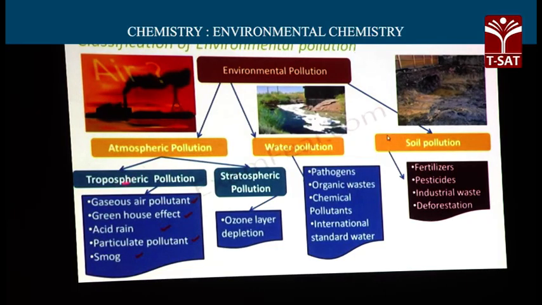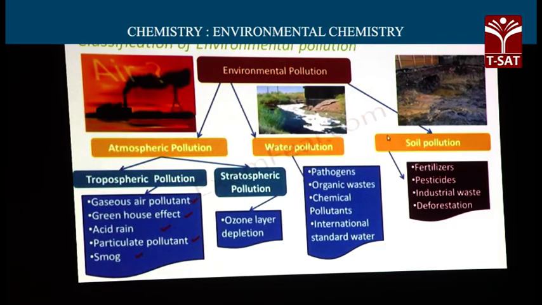We know that in the troposphere, when pollutant gases like carbon dioxide, sulfur dioxide and nitric oxide are present, they create bad effects on the air and our environment. So, in tropospheric pollution, we have to discuss the greenhouse effect, acid rain and smog.